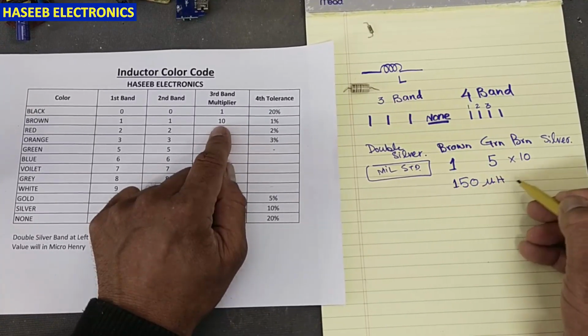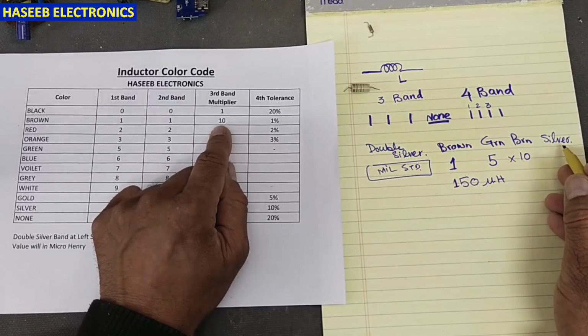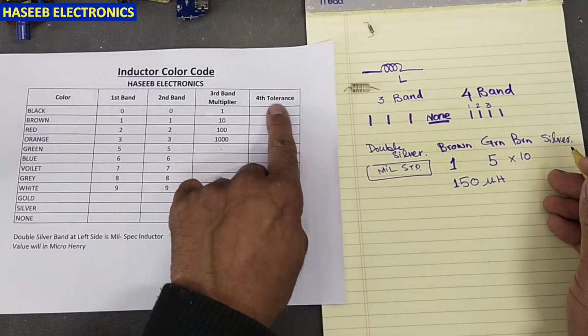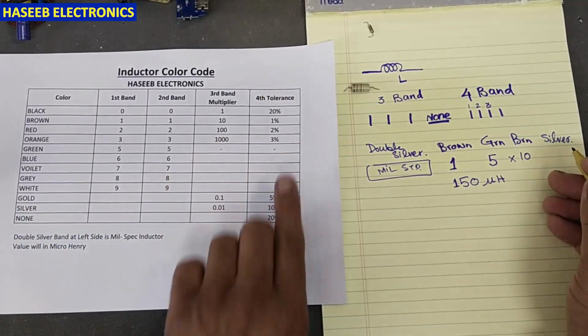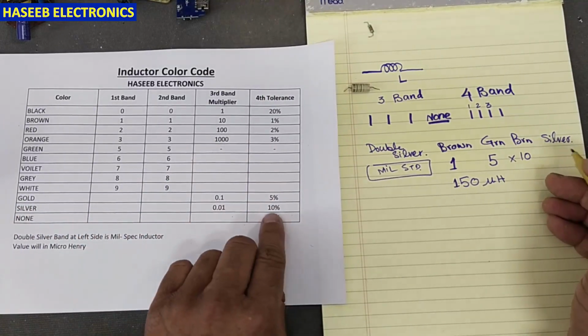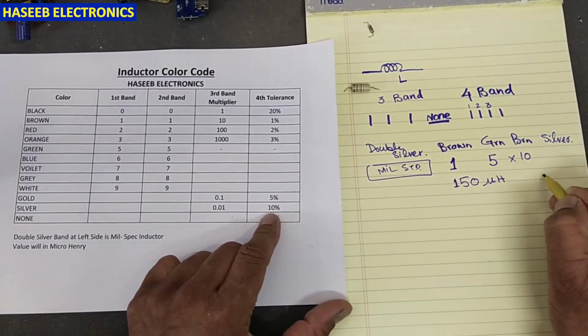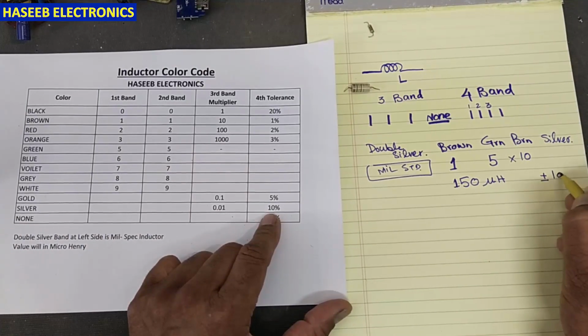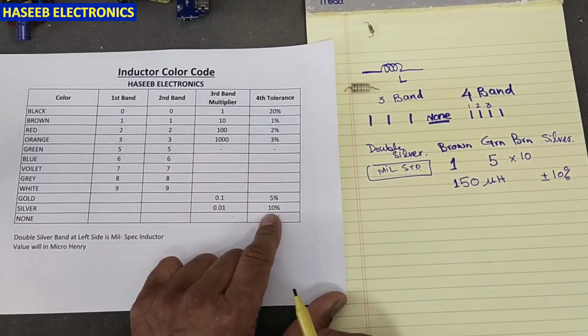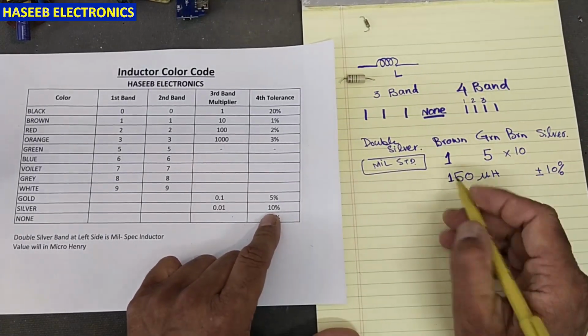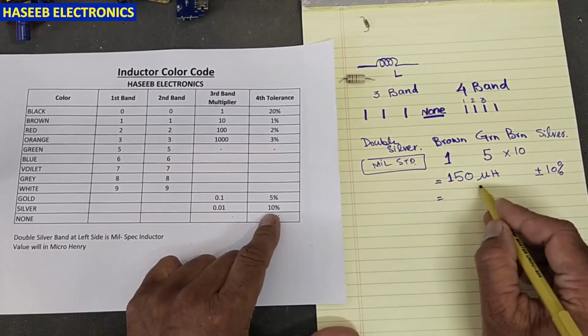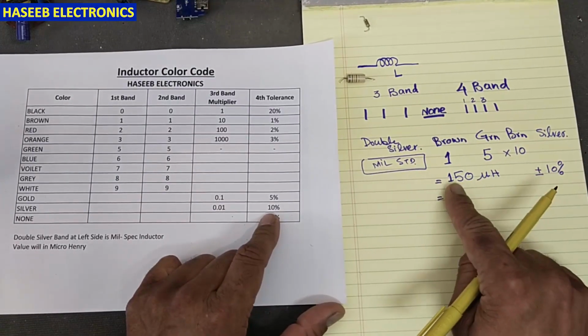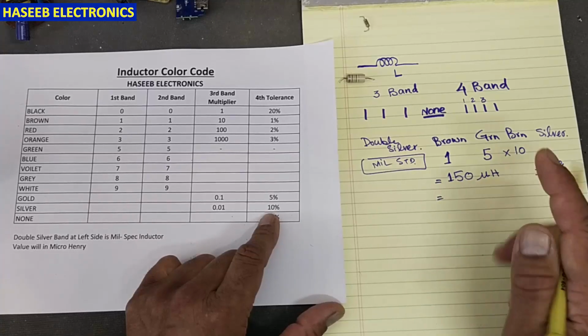Then there is silver, that is the tolerance band, the fourth band. Silver is plus minus 10%. So the total inductor value is 150 plus minus 10%, so plus minus 10% will equal 15.